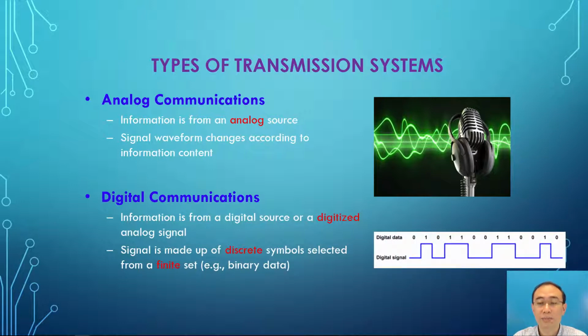If you look at this binary signal here, the original binary information is 0 1 0 1, etc. And the binary signal, or the digital signal, we use to transmit the original information has discrete symbols, and it only takes two voltage levels to represent bit 1 and bit 0 respectively.